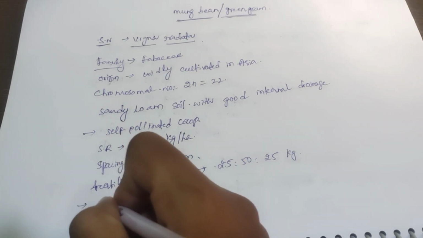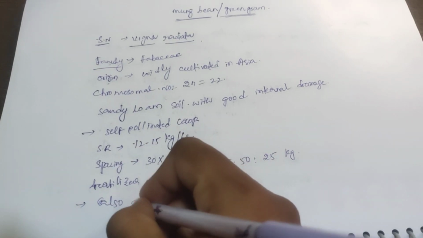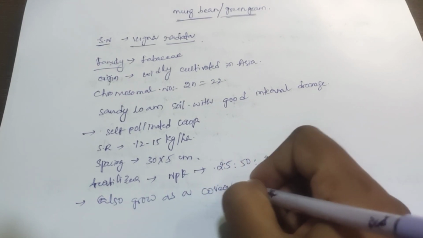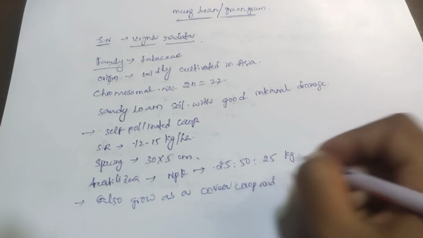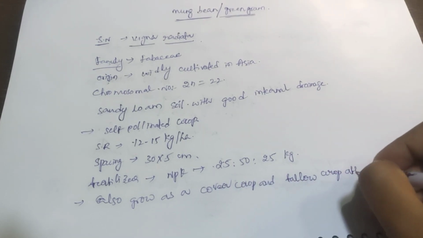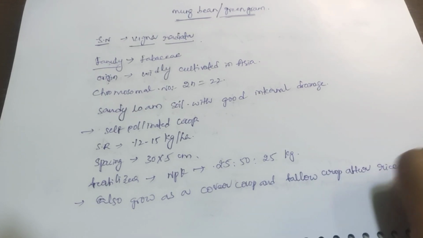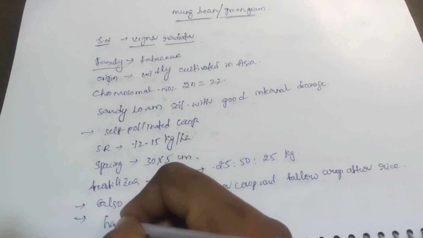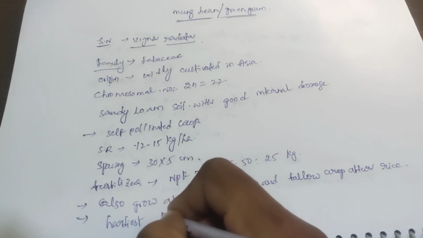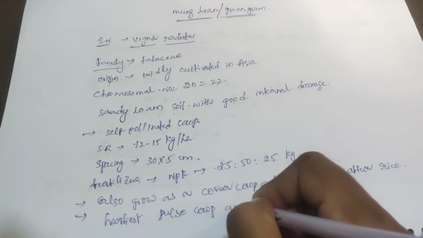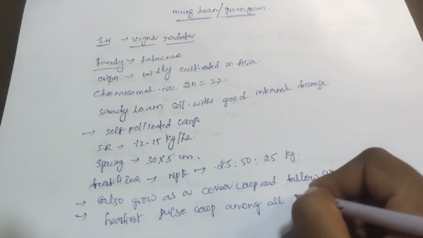Mung bean is also grown as a cover crop and fallow crop of the rice. It is the hardiest pulse crop among all the pulses.